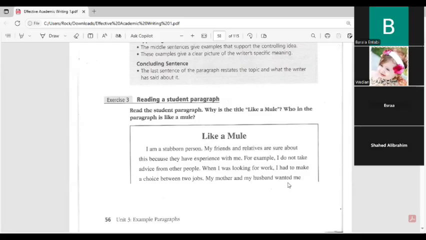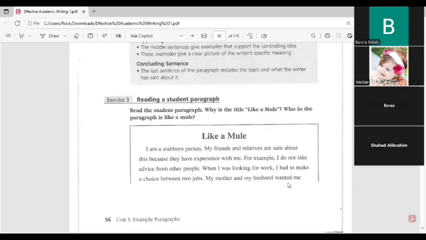Yes. For example, a stubborn person is determined not to change his or her mind, even when people think that he or she is being unreasonable, or that he is not right.